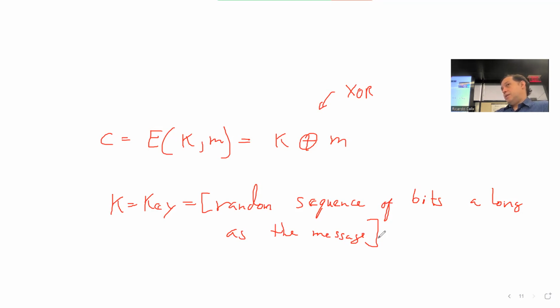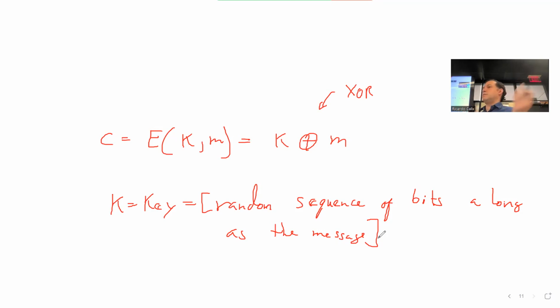So is it feasible to do something like that? Let's say you want to go to Netflix and download Endgame, which is like 3 hours or something. You would have to then have a key as long as all of Endgame, the movie. You see that? Because the movie you can translate into a sequence of bits, right? Zeros and ones.